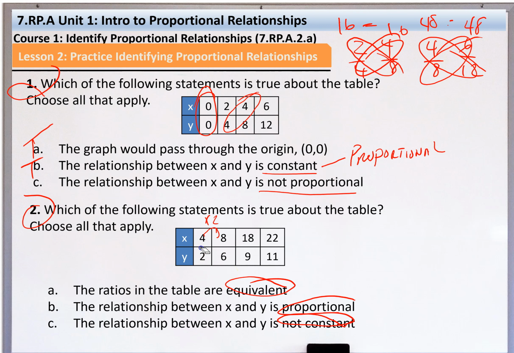Sorry, you can't read my handwriting. Try that again. 4 times 2, 2 times 2 does not give me 6. So it's not constant. So it says, which is true? This is true. It's not constant. It's not proportional, and it's not equivalent. So the only thing that's true about this table is C.